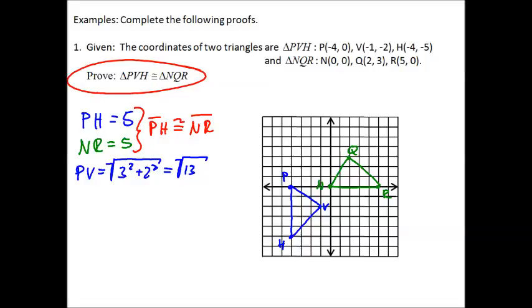Let's look at our green triangle, NQR. Which side seems to be similar to PV? I would say that's got to be NQ. And using the Pythagorean theorem again, we can say that has to be the square root of 3 squared plus 2 squared, which is indeed the same as we had before, the square root of 13. So this allows us to say that segment PV is also congruent to segment NQ.